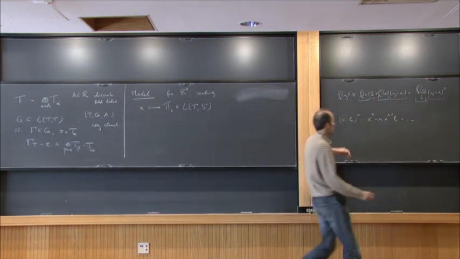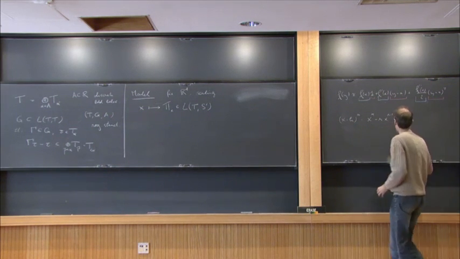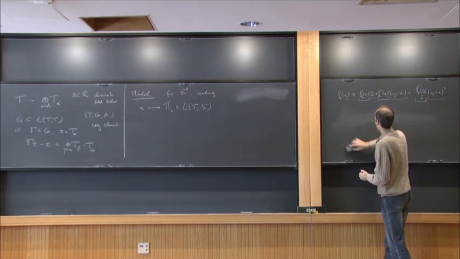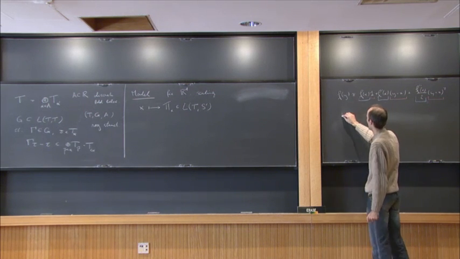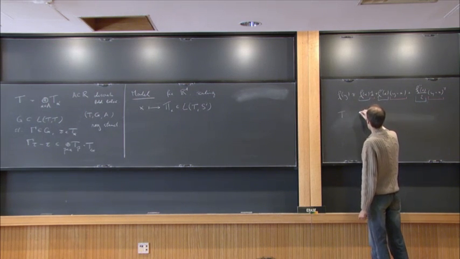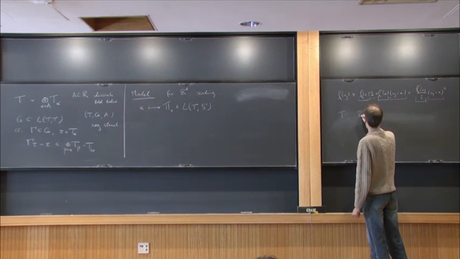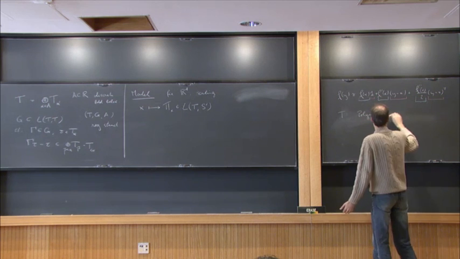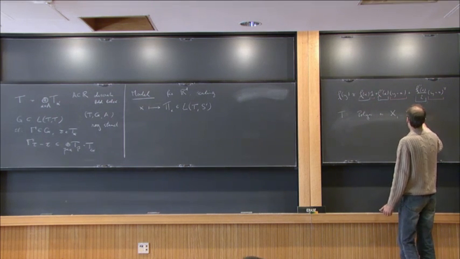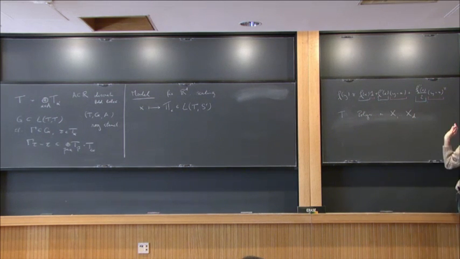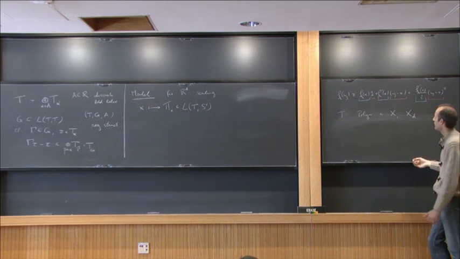So in the case of Taylor polynomials, you should really think of the example where T would just be polynomials in, say, d abstract variables, okay, that commute.